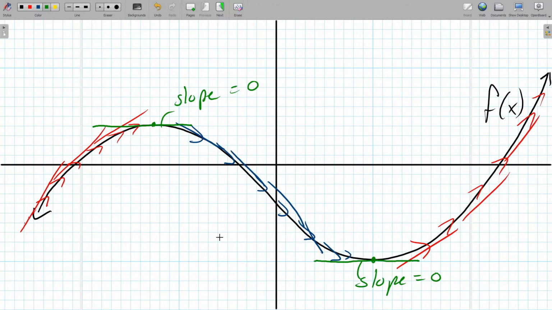So if the derivative is going to tell us the slope of a tangent line at any given point, we can utilize this idea and find the derivative and find where it's equal to 0 to find the break points, to find these maximums and minimums so that we can analyze what's happening to the left, right, and in between them to find if our function is going to be increasing or decreasing. All right, so let's take this conceptual idea and apply it to some problems.